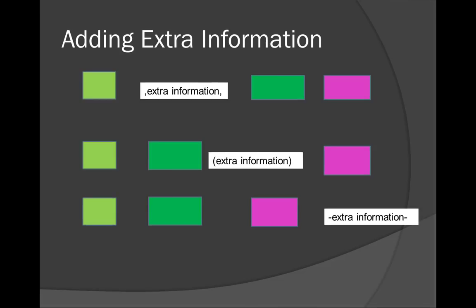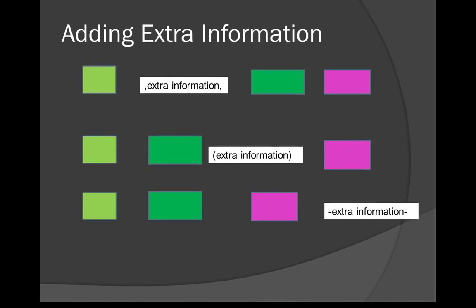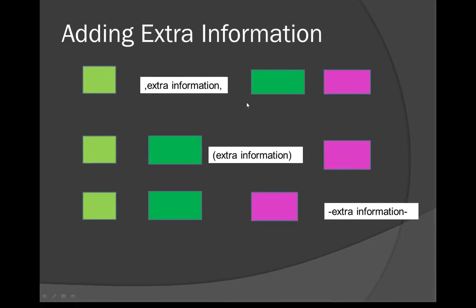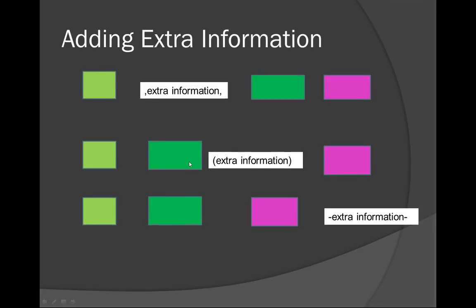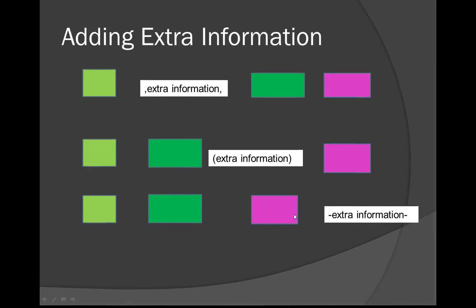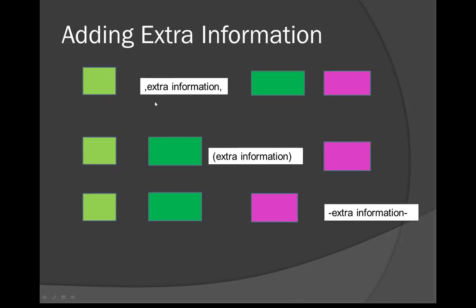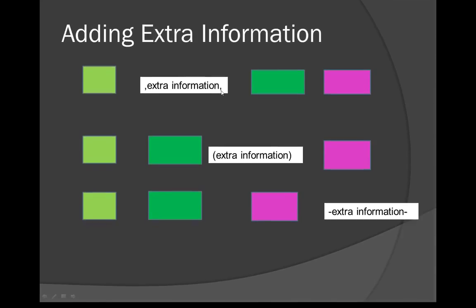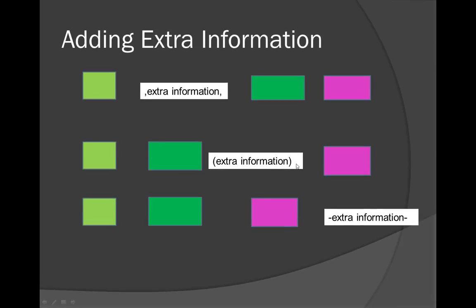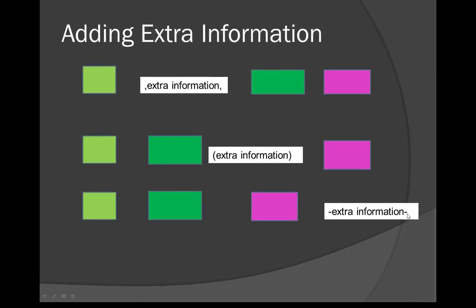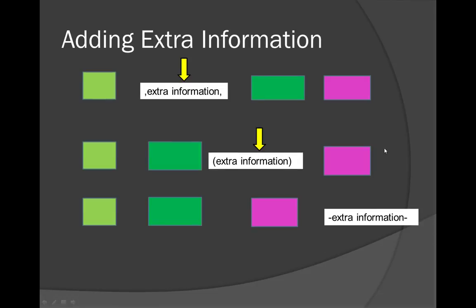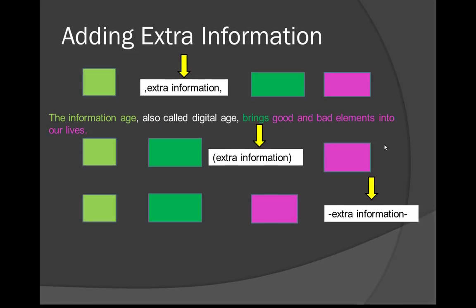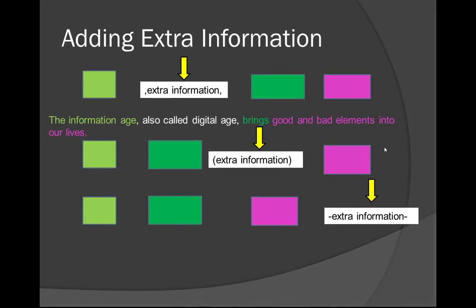Now, let's move on to adding extra information. As you can see in this slide, extra information can be added after the subject, after the verb, or after the complement. Also, there are three types of punctuation that can be used: commas, parentheses, or dashes. Let's take a look at some examples. The information age, also called digital age, brings good and bad elements into our lives.